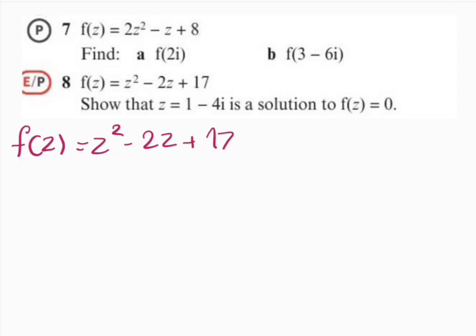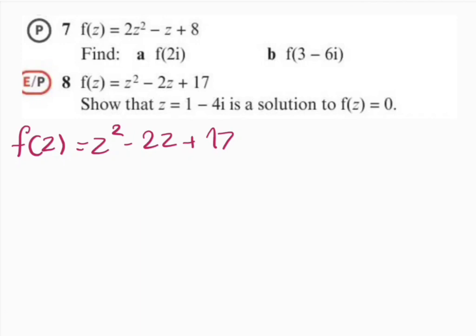Usually we have been dealing with x values, but in this case it's a z value, and we should be hoping to get 0, because if we get 0, then that means that z value is a solution to that function.